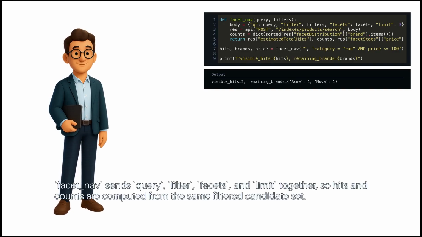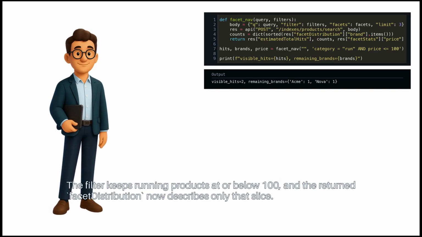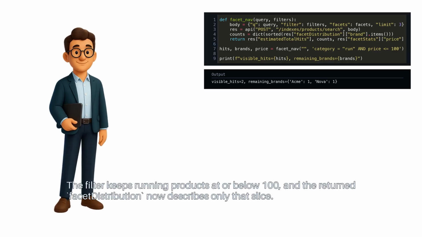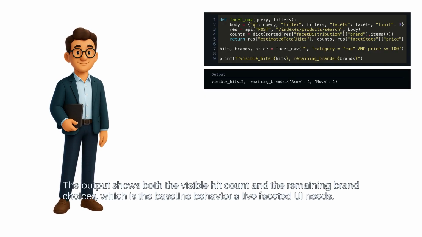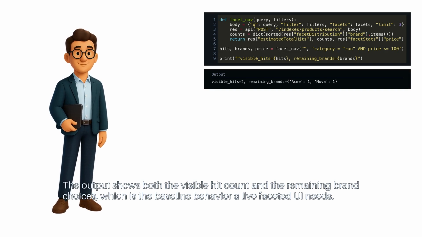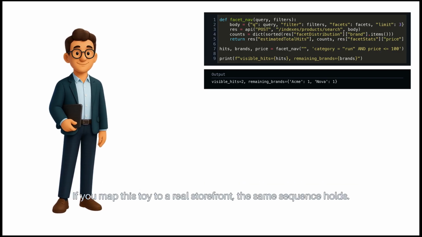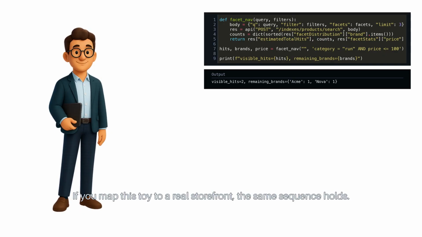Facet nav sends query, filter, facets, and limit together, so hits and counts are computed from the same filtered candidate set. The filter keeps running products at or below 100, and the returned facet distribution now describes only that slice. The output shows both the visible hit count and the remaining brand choices, which is the baseline behavior a live faceted UI needs.